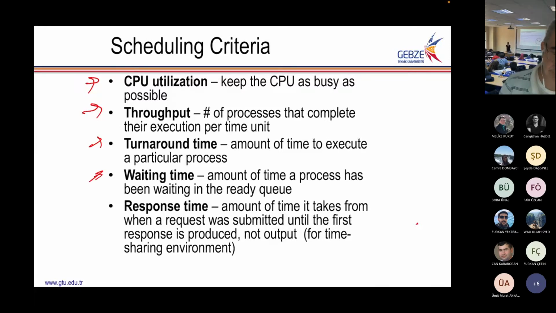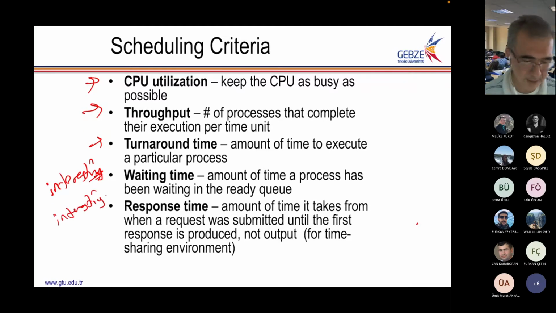The other thing is the waiting time. This is also interesting for interactive services. So how long is it going to wait before anything is being done?